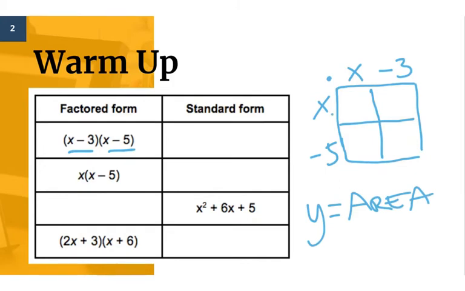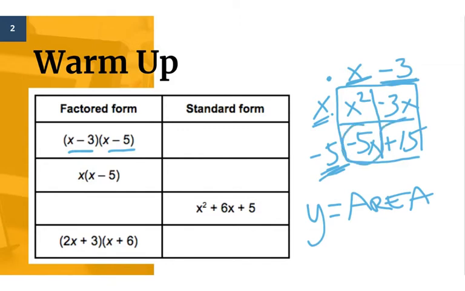All right, so x times x is x squared. X times negative 3 is negative 3x. Negative 5 times x gives me negative 5x, and negative 5 times negative 3 gives me a positive 15. All right, so now I'm just going to combine my like terms. I have negative 3x minus 5x, and actually, why don't I write all of that out just because we're learning it right now, right?